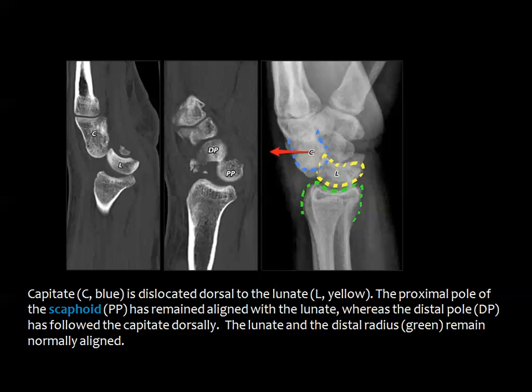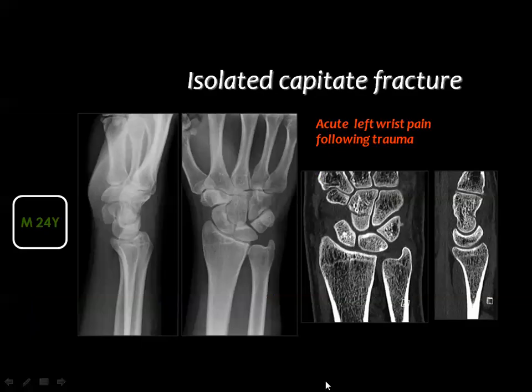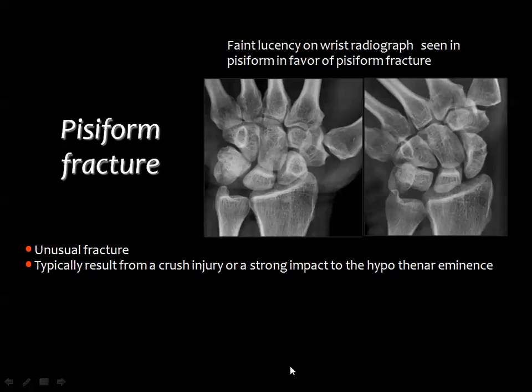Number 4, the fracture of the scaphoid bone. And you know that the capitate and also the triquetrum may be fractured, isolated from other carpal bones, and this needs the CT scan for detection. And this is the capitate, and you see the transverse fracture line in the sagittal and the coronal reformatted images.